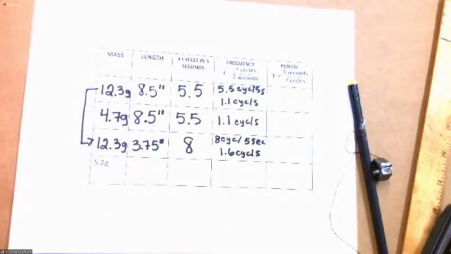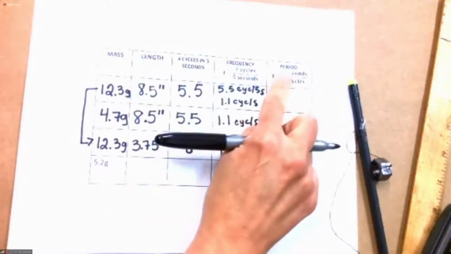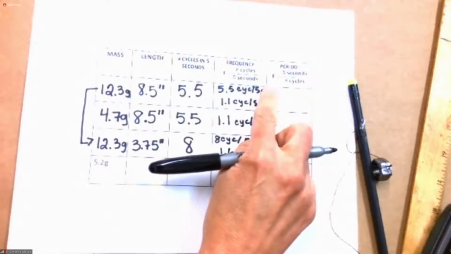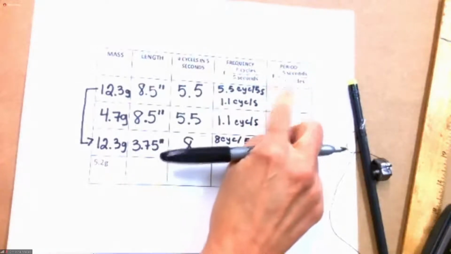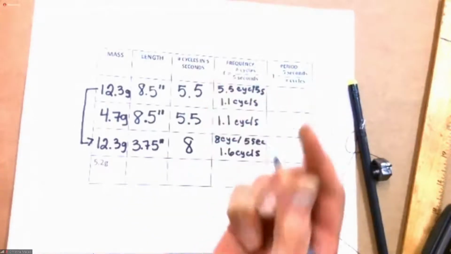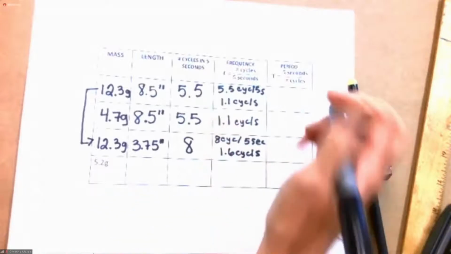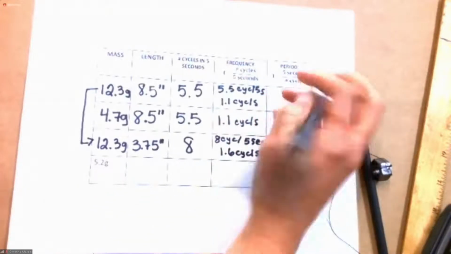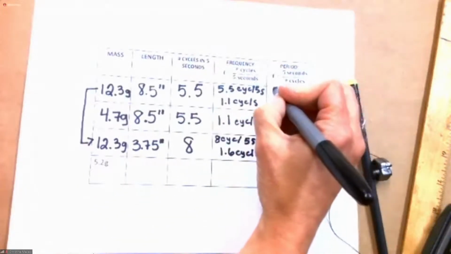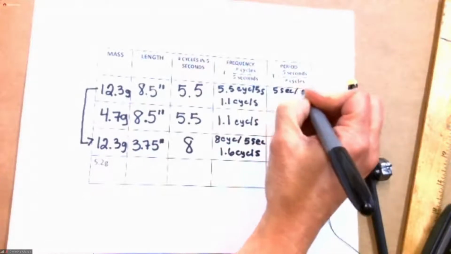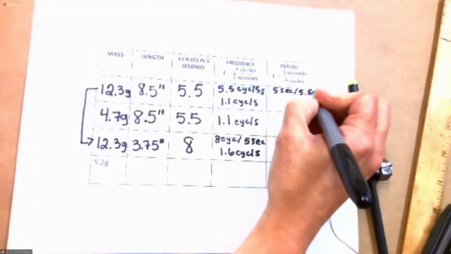The other thing that I'm usually interested in when I talk about harmonic motion or sine waves or oscillatory motion or periodic motion is the period. So the period is the number of seconds per cycle. So it's basically 1 over the frequency, or the frequency upside down. So here for my period for the first one, I would do 5 seconds and I got 5.5 cycles.